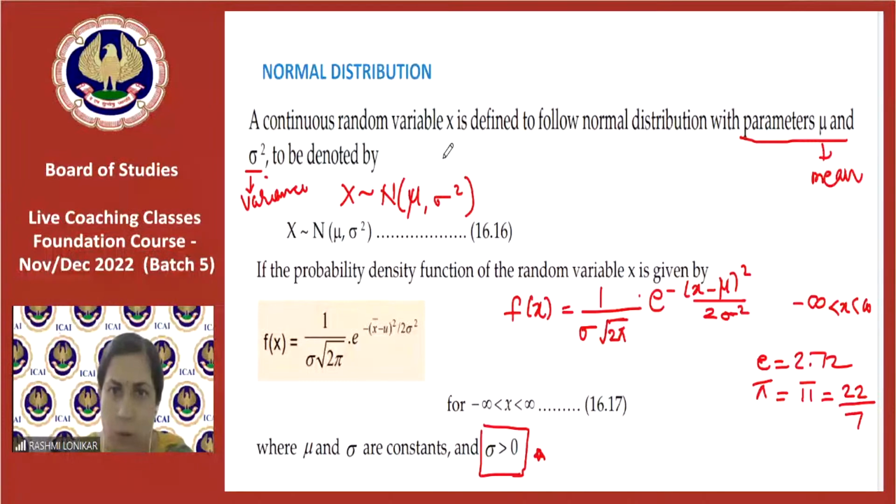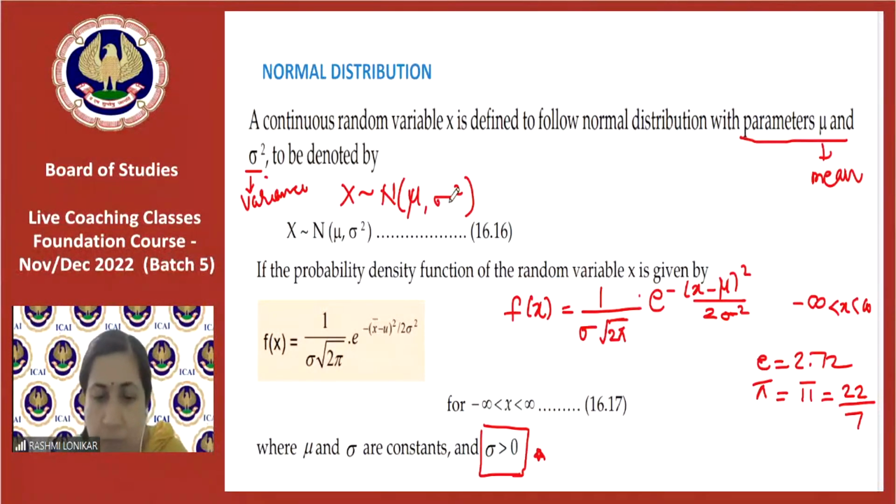It is given by 1 upon sigma into square root of 2 pi into e raised to minus (x minus mu) whole square upon 2 sigma square. Just remember that x here is going from minus infinity to plus infinity. That is a very different thing than usually we have.